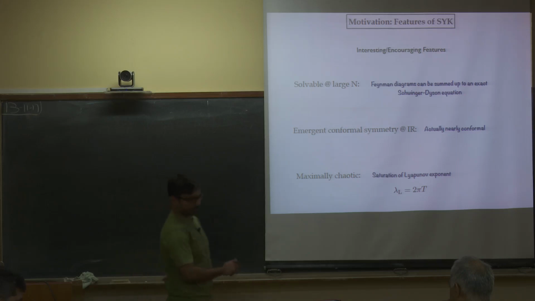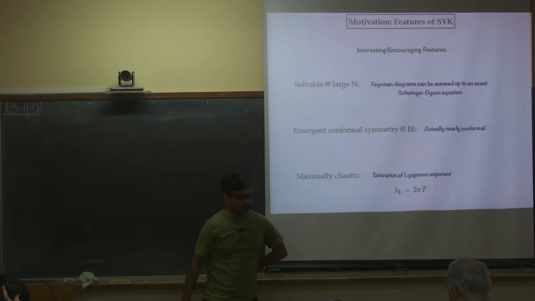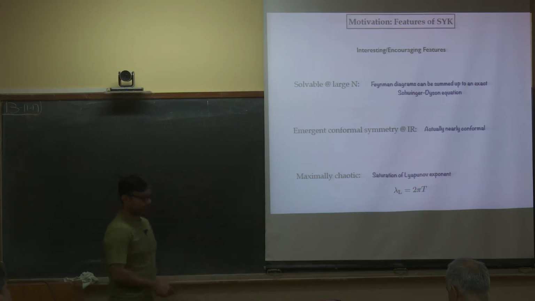So I don't know what happens there. But in this model, people have managed to calculate this exponent, which I denote by lambda sub L, and it equals a certain value, which is nowadays said to be saturating the chaos bound, because the conjecture is that lambda L is at most this. It cannot be more than that.